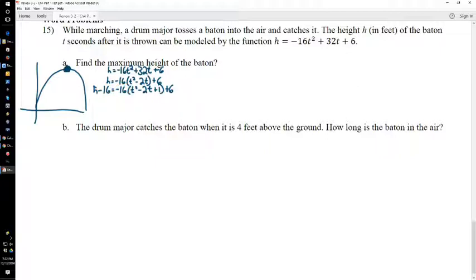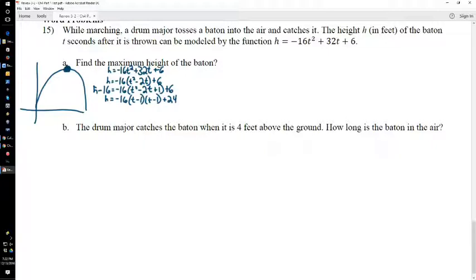From here, I'm going to move that negative 16 back to the right, and then I'm going to factor that quadratic. So we start off here: h equals negative 16. Two things that multiply to 1 but add to negative 2 are negative 1 and negative 1. And then 6 plus 16 is positive 24.